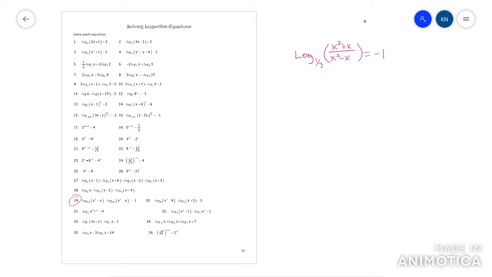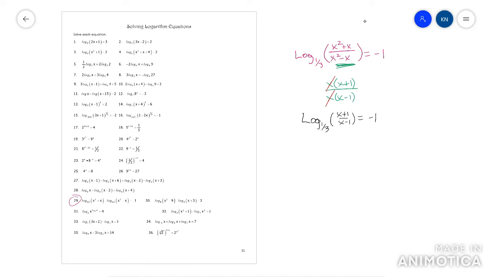Okay, now this part right here, you can GCF an x out of the top and an x out of the bottom. And these x's can cancel. And so basically this problem turns into log base 1/3 of x plus 1 over x minus 1 equals -1.